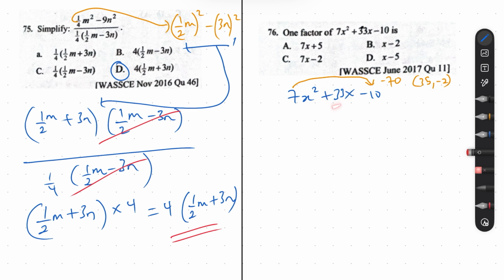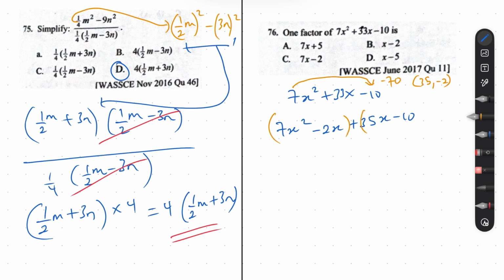So let's write that down: 7x squared minus 2x plus 35x minus 10. So we can easily put them in brackets and then factor them.